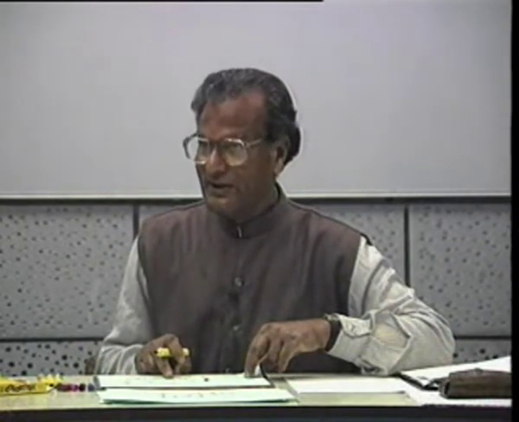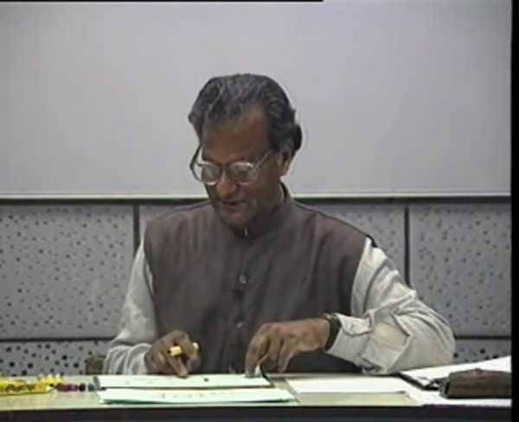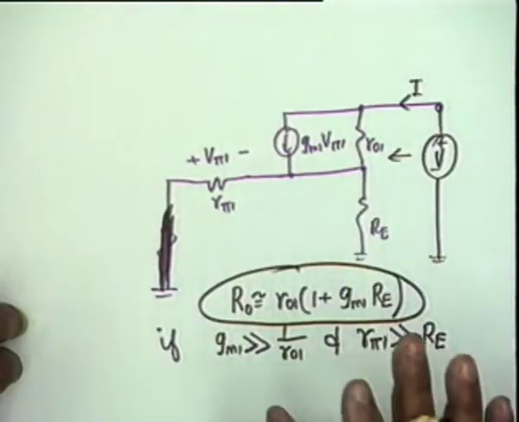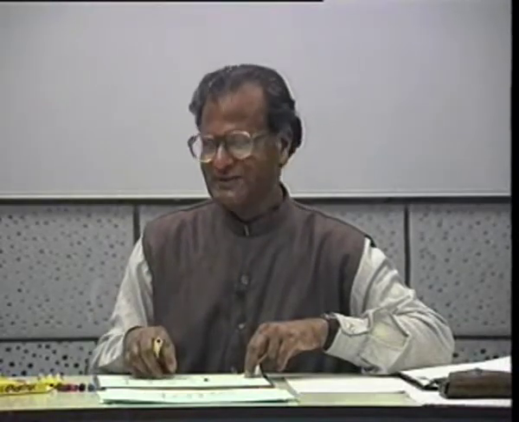And what about R01? The current was only 50 microampere, and therefore VA by R01 will be of the order of a meg. And therefore, capital R0 would be a very large resistance. And there is no op-amp in the world which does not use a current source for its REE. We will stop here.